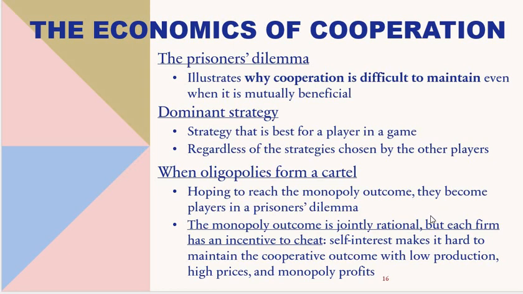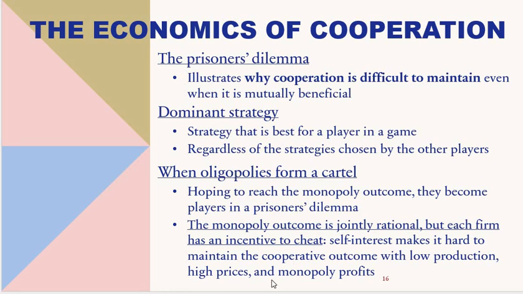We didn't take into account the situation where other firms in the cartel are following the agreements we discussed, but I cheat. That is actually a better situation than just cooperation. And this is a perfect and classic example of a prisoner's dilemma.